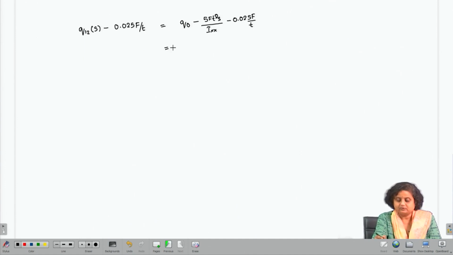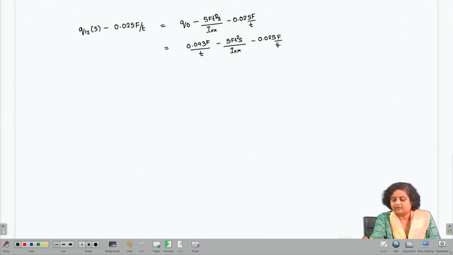where this is going to be equal to 0.043 F by T minus 5 F T square S by Ixx minus 0.025 F by T. So, this is the value of total Q12S. This is the total value.